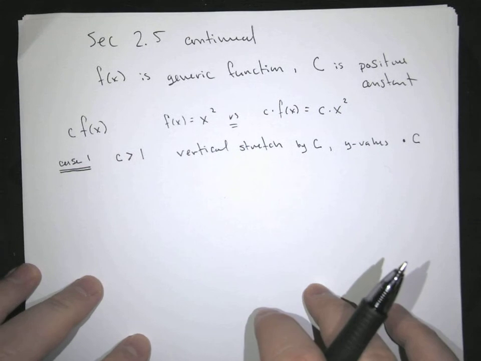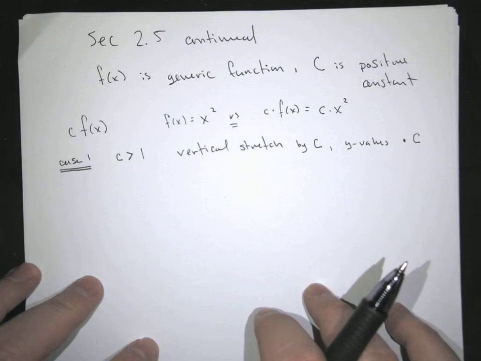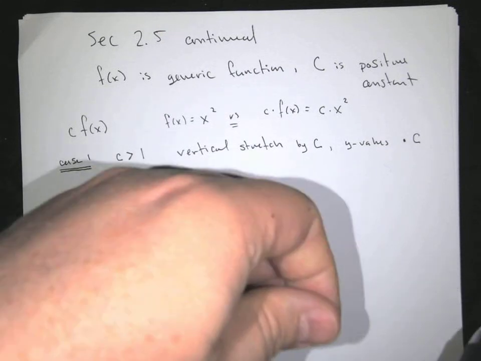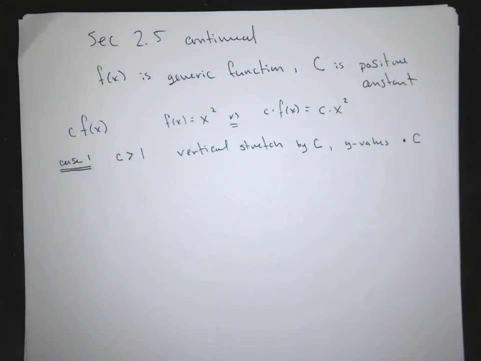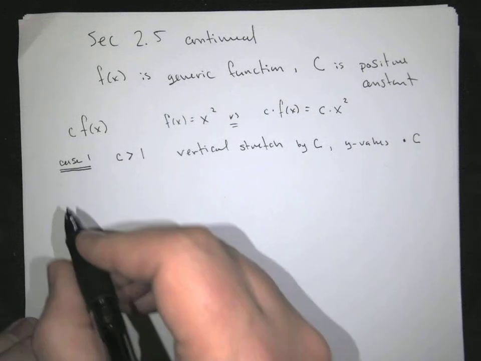This is pretty intuitive, exactly what you would expect. If you multiply all of your y values by c, and c is bigger than 1, it's going to stretch them out, like both my hands in here, stretching it out from both sides. So this is going to be a vertical stretch.